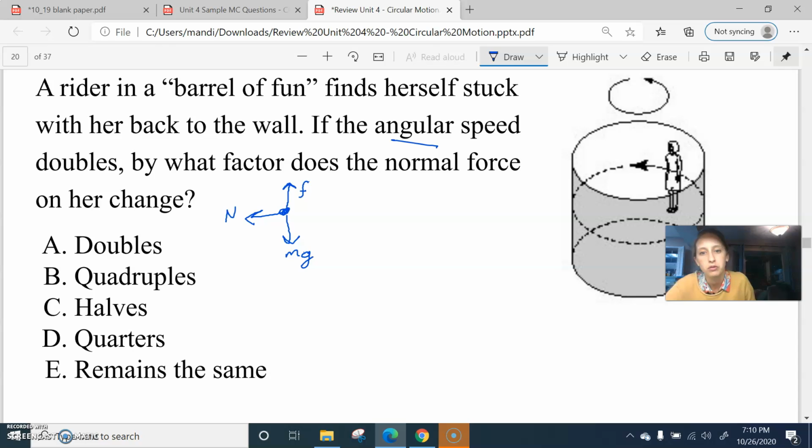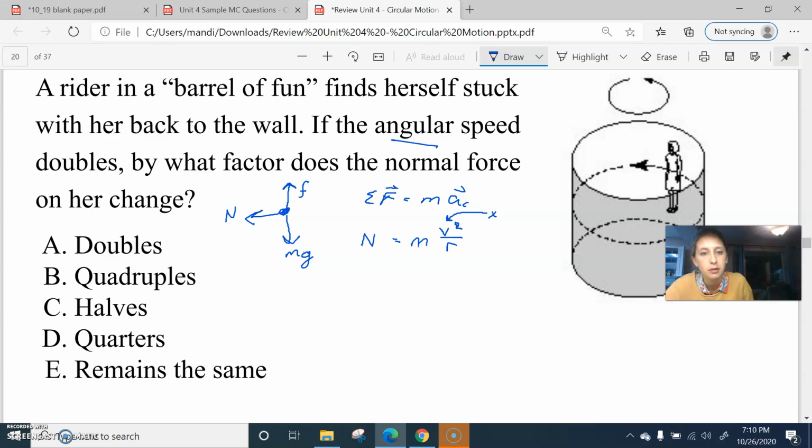So the sum of the forces in the same direction, F equals ma. This net force in the direction of the centripetal acceleration is just the normal force. Her mass is m, and the centripetal acceleration is v squared over r. I'm wondering what happens if the speed doubles. I know this v is an angular speed, but they are proportional, so it doesn't really matter.